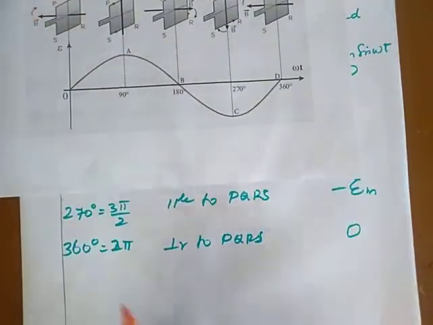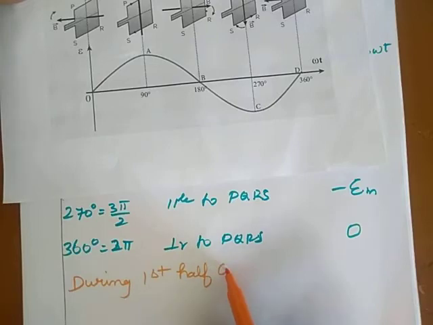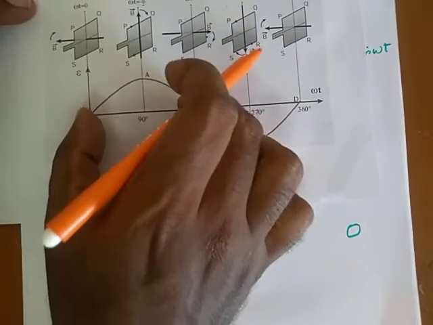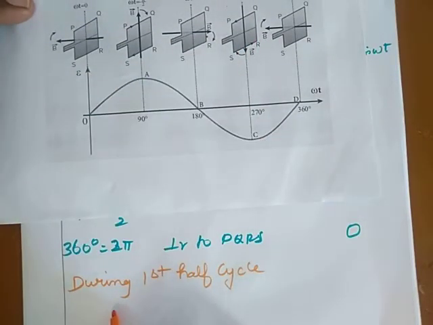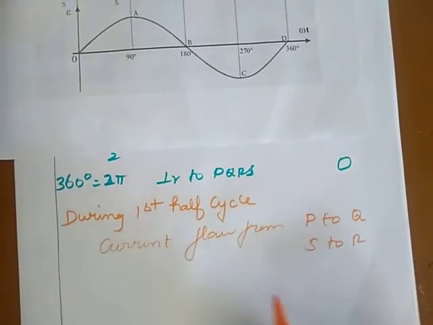During the first half cycle the current flows from P to Q, here S to R, and overall the current flows from PQRS.